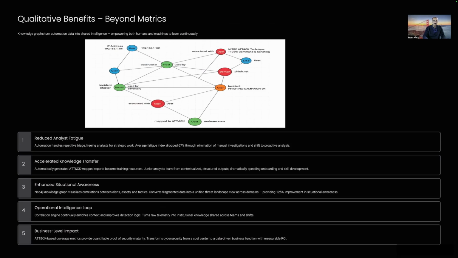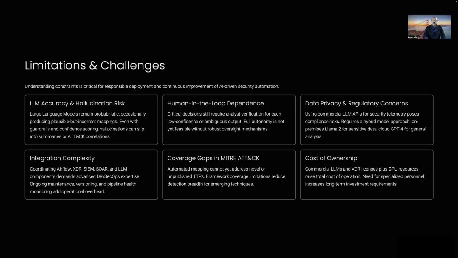And how does it happen? It happens because the ATT&CK-based coverage metrics provide quantifiable proof of security maturity, right? So it is now a data-driven business function with measurable ROI instead of just a cost center, right?